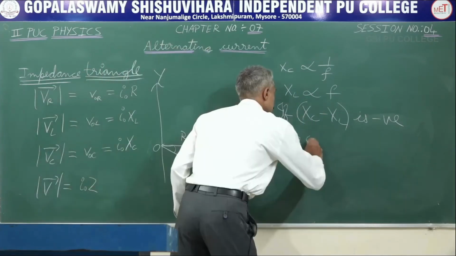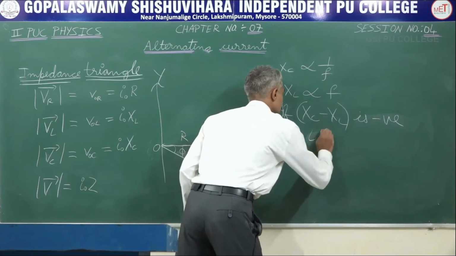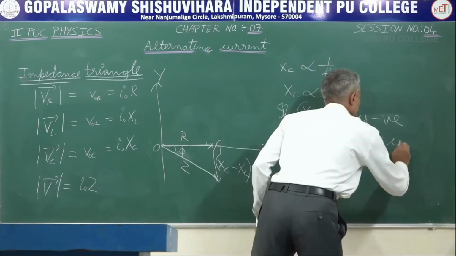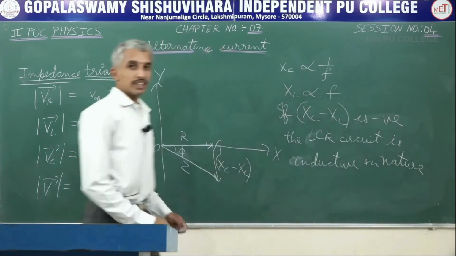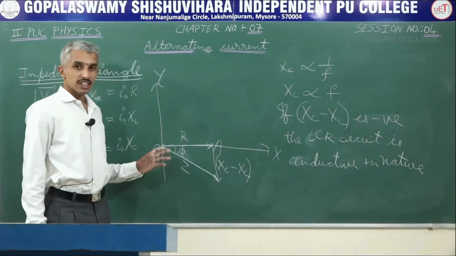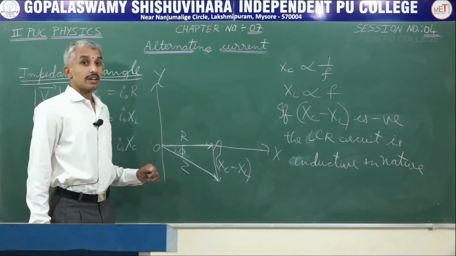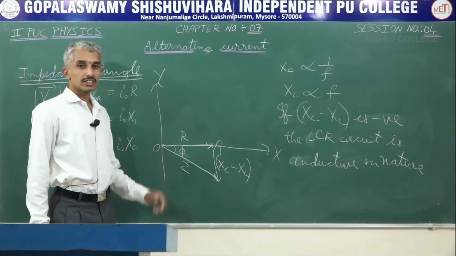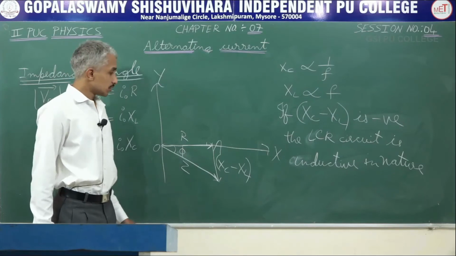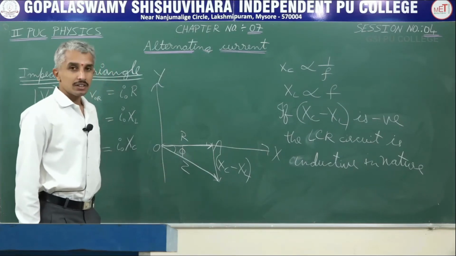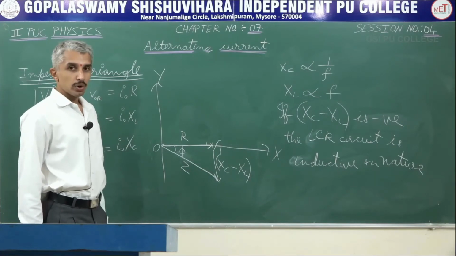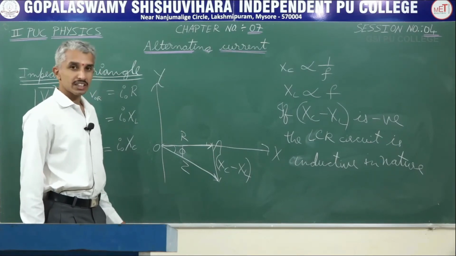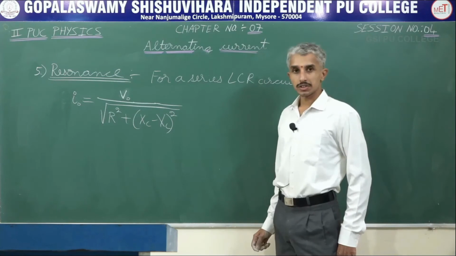So what happens? The series LCR circuit is inductive in nature. What does that mean? That means the current in the circuit lags behind the voltage in the circuit. So the impedance triangle in this manner helps us to find out whether the circuit is more capacitive or more inductive like. Now let us see what is resonance.